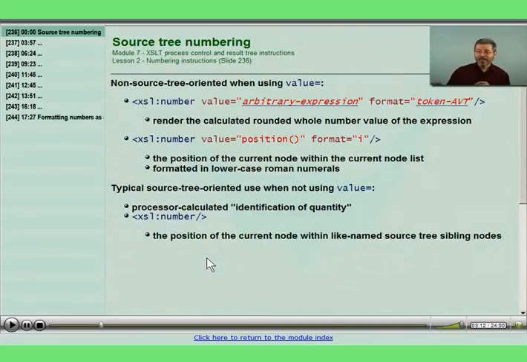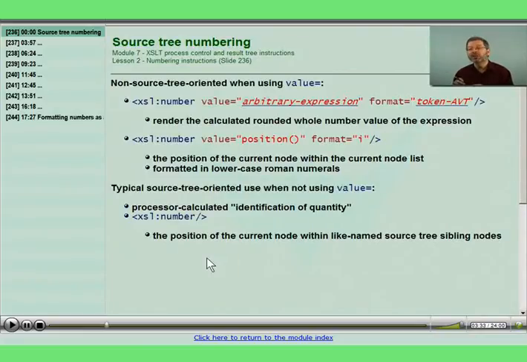So, if I am at the third chapter node of the source tree and I use XSL number, it will look at all of the preceding sibling nodes. There might be a title, there might be other kinds of nodes, but it looks amongst the like-named nodes, so it looks amongst the chapters.